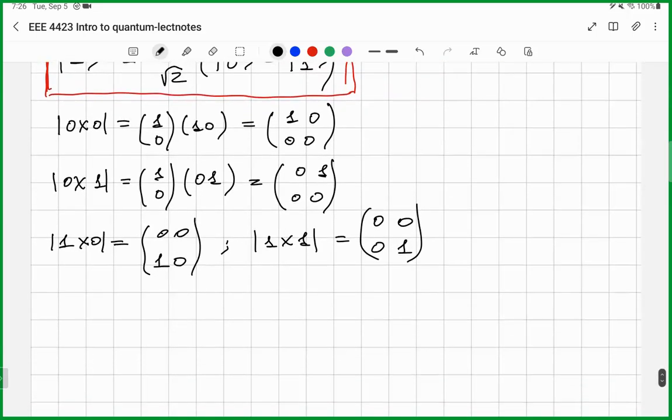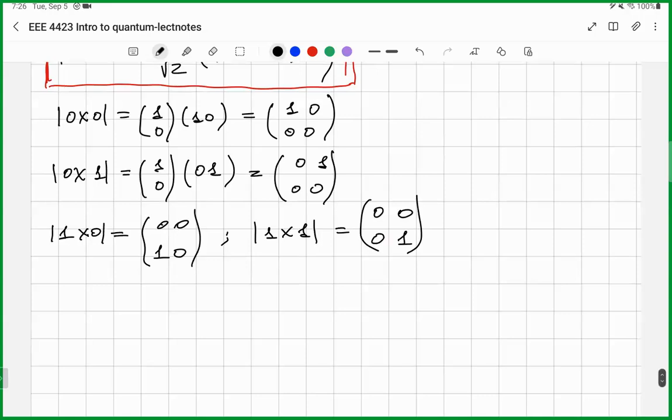Okay, so it's interesting because I can use these outer products of the basis vectors to represent any matrix in this two-dimensional Hilbert space. For example, A, B, C, D, a simple two-dimensional matrix, 2 by 2.